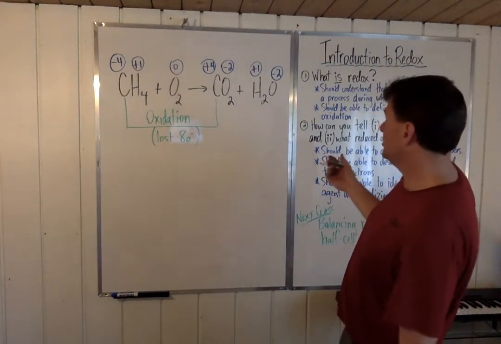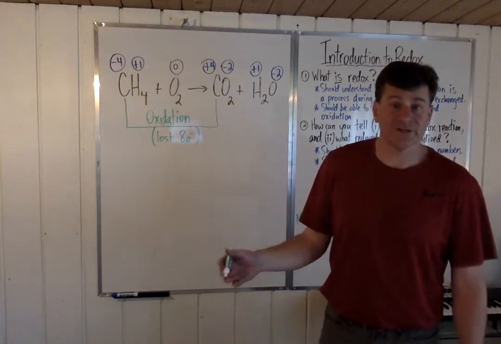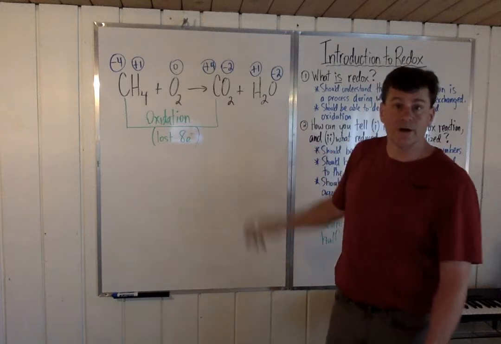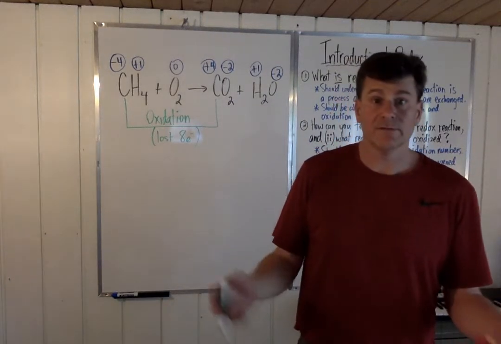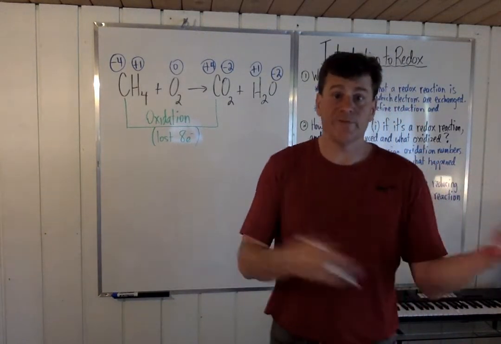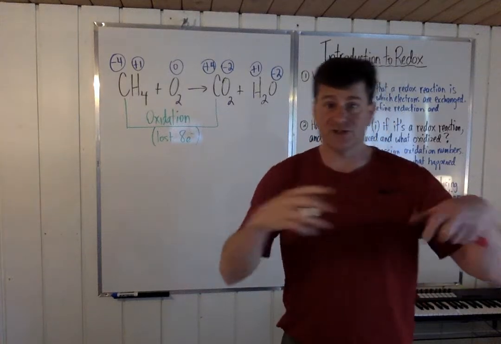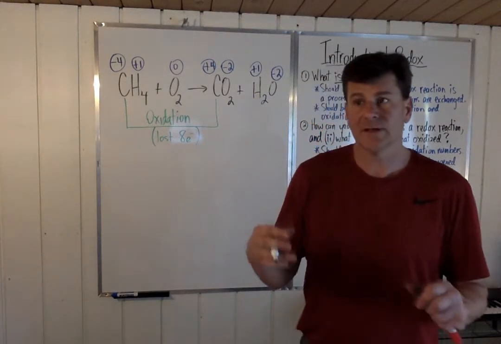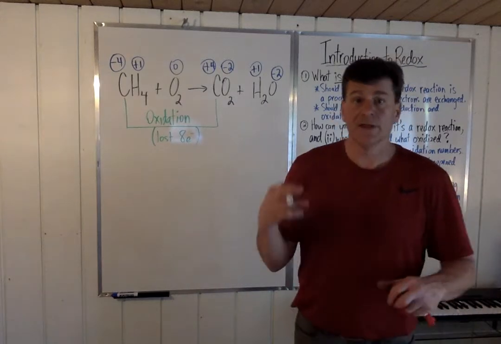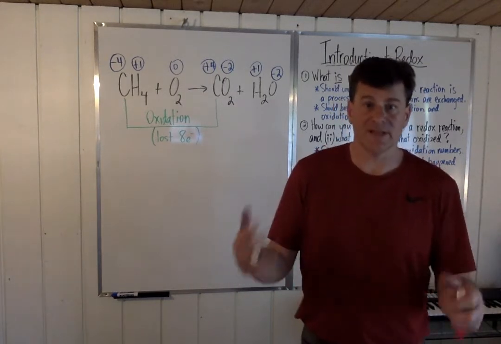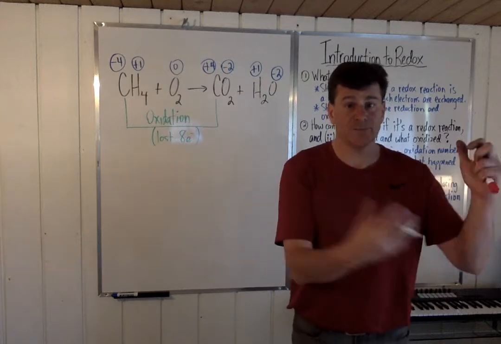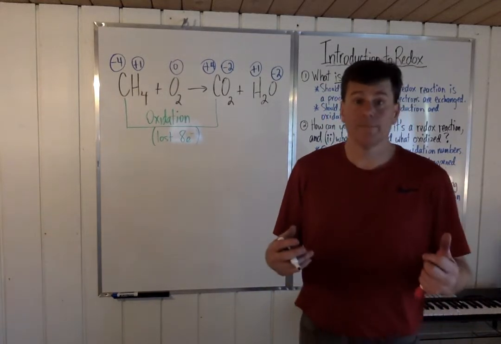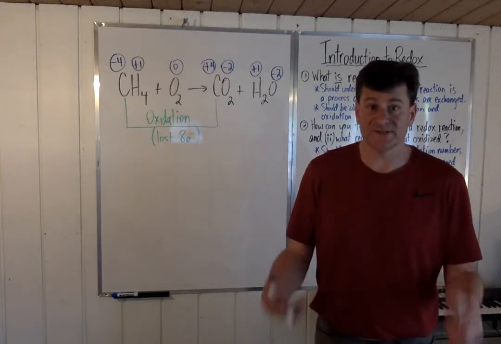Well, what else changed here? Take a look at the hydrogen just for a sec. The hydrogen over here was +1. It's still +1 over here. So the hydrogen didn't do anything. It was +1 before, it was +1 after. Now, it changed partners, like it was bonded to different things. But in terms of its oxidation number, nothing changed in terms of its electronic structure. Moved, but didn't change its oxidation state.